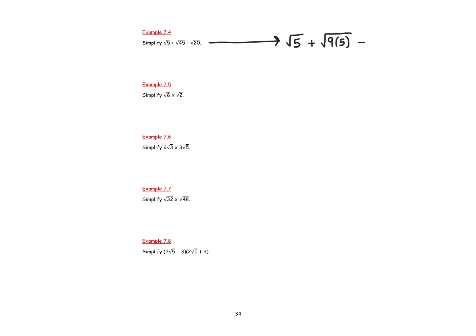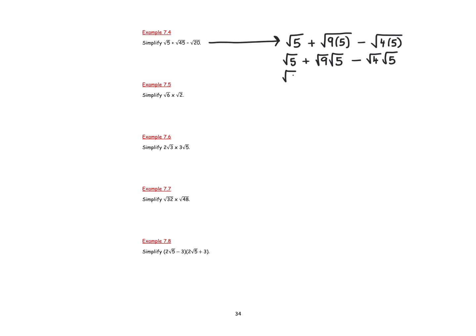And then square root 20 can be broken down into 4 multiplied by 5. That means we'll end up with square root 5 plus the square root of 9 times the square root of 5 minus the square root of 4 times the square root of 5. And that's fact 1 that we were looking at on the previous page.